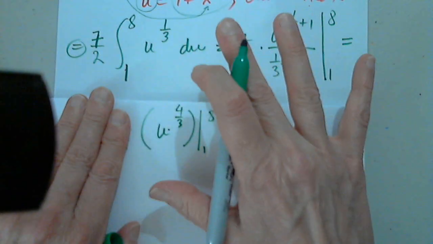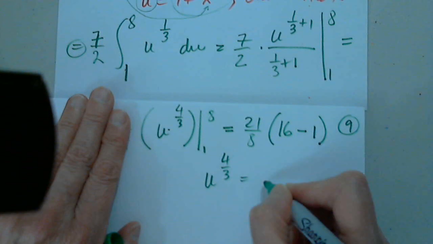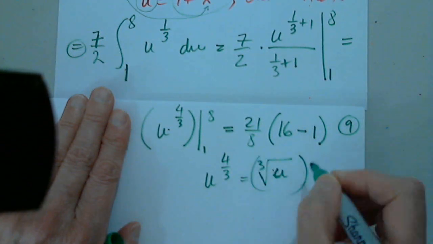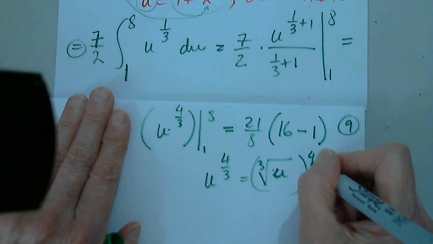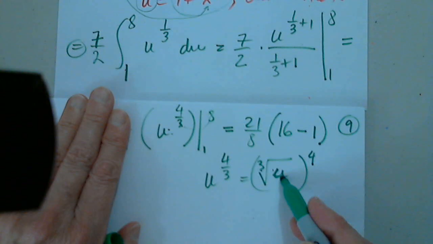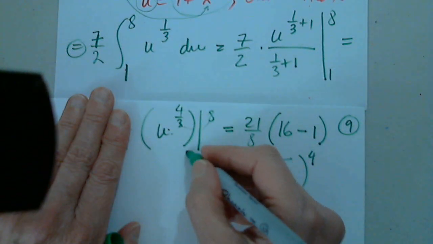So how did I do that so fast? Here it is. U to 4/3 can be rewritten as the cube root of u to the power 4. So that's why I quickly plugged in and took the cube root of 8, and I got 2, and 2 to the 4th is 16. I did the same thing with 1.